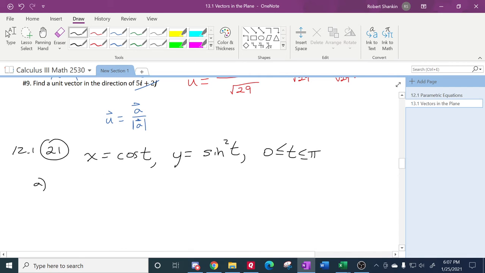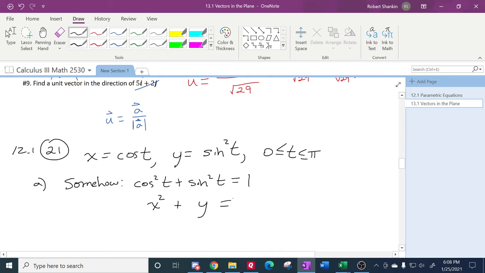Alright, so I need to somehow put this into the one identity that I typically use, somehow I need to come up with cosine squared t plus sine squared t equal 1. If I have the same angle here and here, then I know this is going to be true. Well, how do I get that from this? Well, I have to square the x and not square the y.